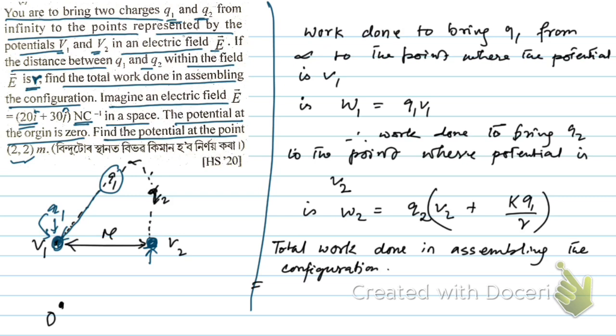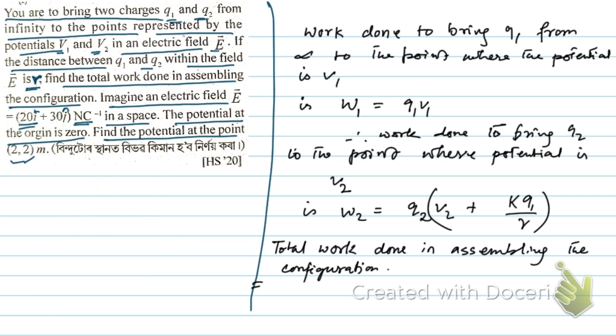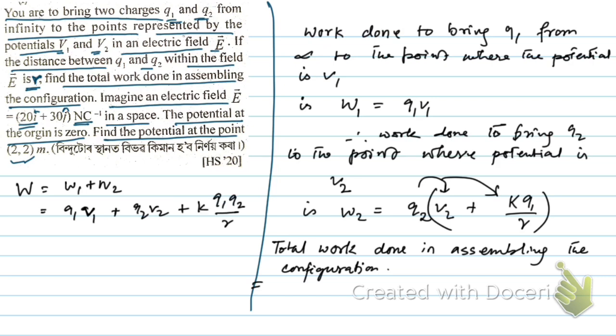I'm going to clean this part. The total work done is going to be given by W1 plus W2. So Q1 V1 plus, if you multiply, you're going to get Q2 V2, then plus K Q1 Q2 by R. That's what you're going to have.